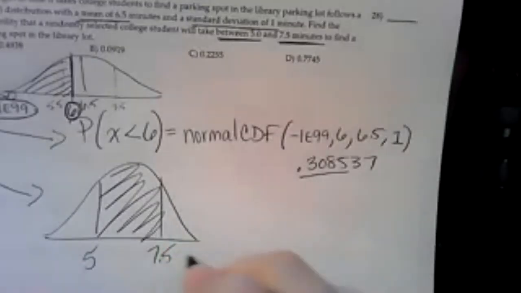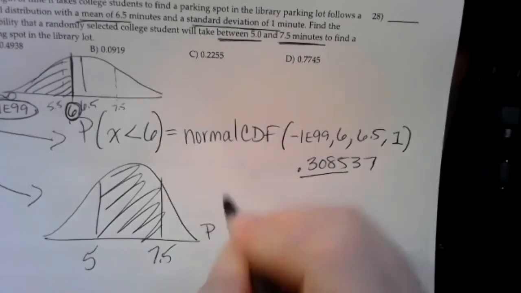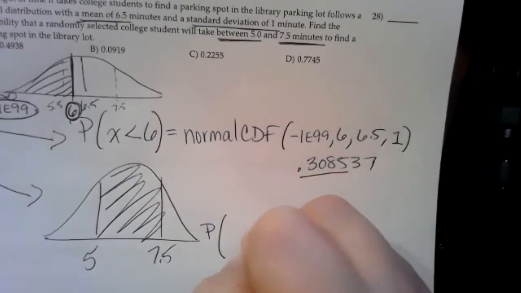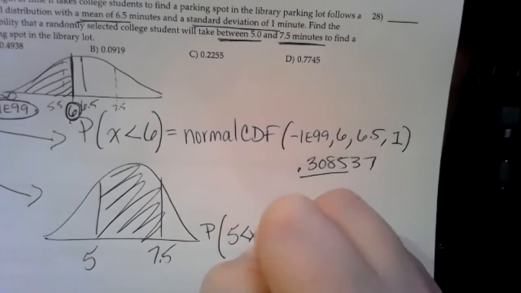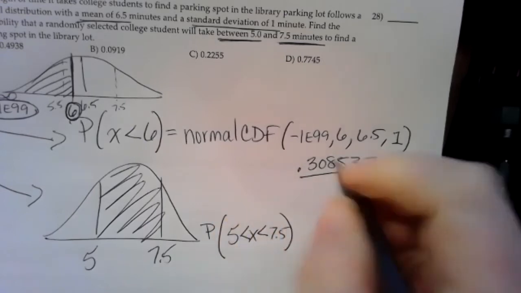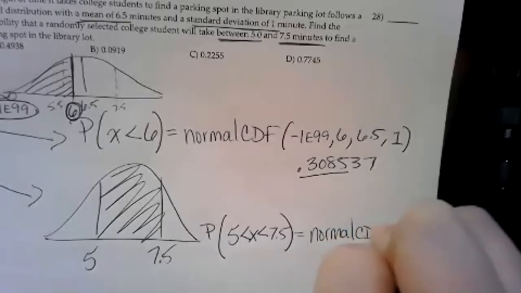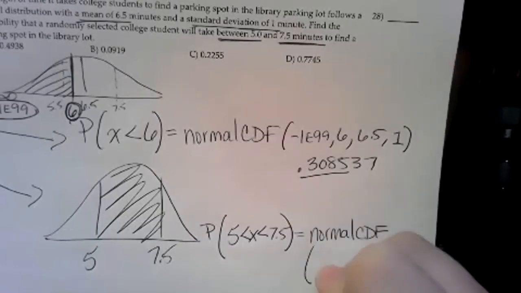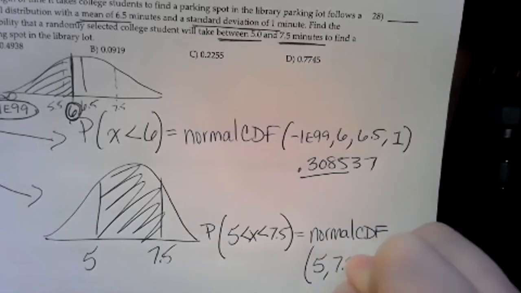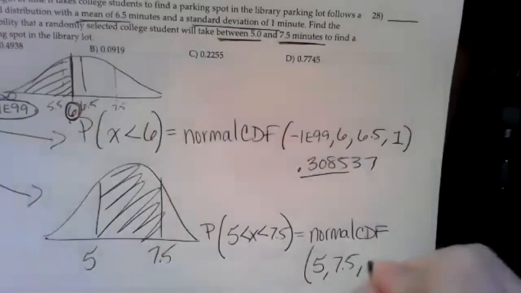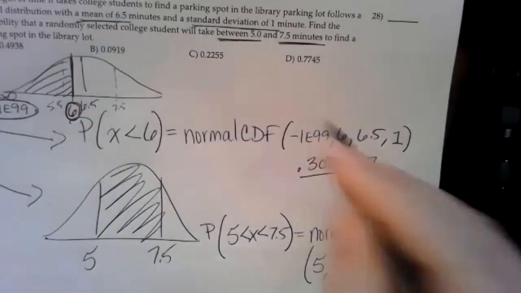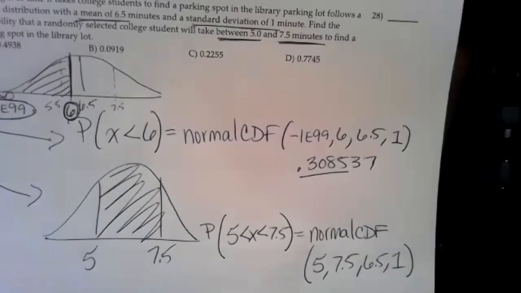So I'd have the probability that my x falls between 5 and 7.5. I would use normal CDF, and my values would go from 5 to 7.5. My mean is 6.5 and standard deviation is 1.